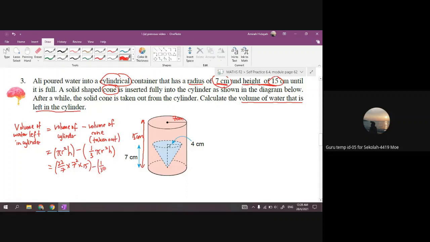Minus 1/3 times pi 22/7 times the radius of the cone, which is 4, whole square, times the height of the cone. The height of the cone is 7, also given.